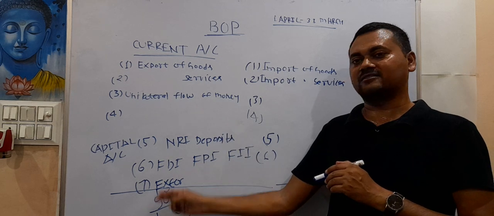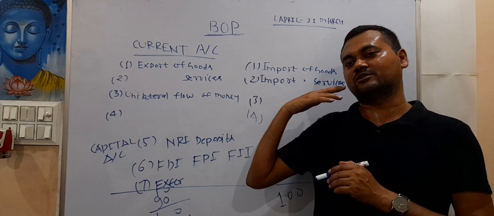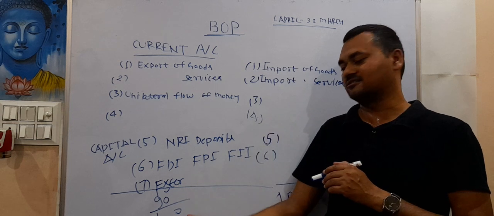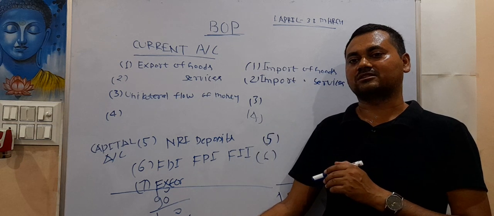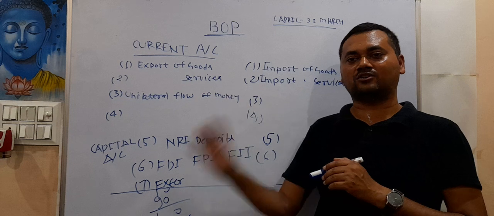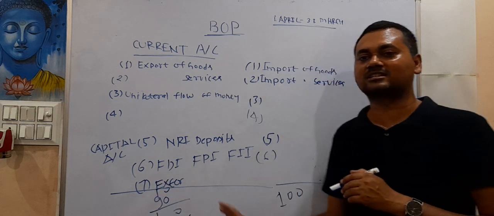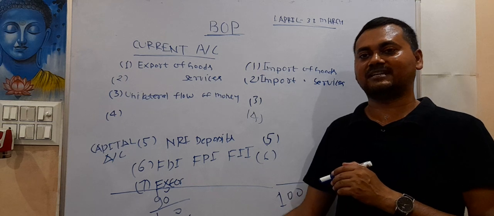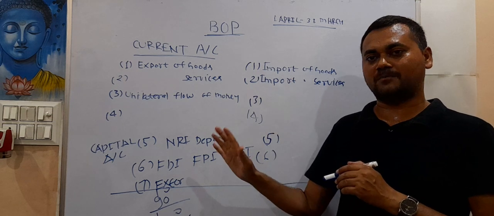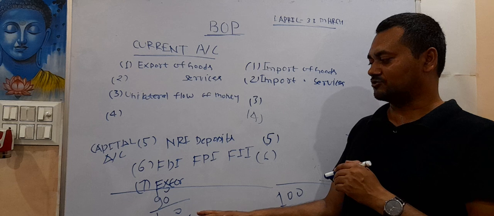In the second, we are in profit, and in the third we are in loss. But whether we are in profit, loss, or equality, it will always remain balanced. That's why it is called balance of payment. So these are the components you need to keep in mind.